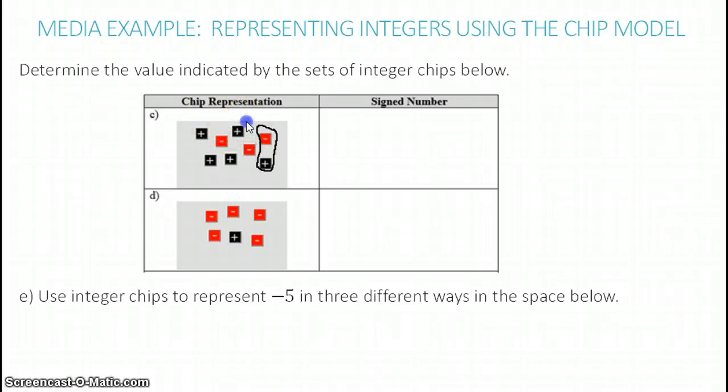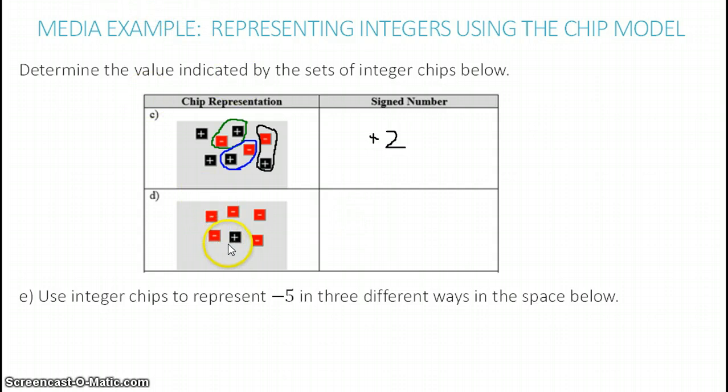Let's use different colors for the different pairs. That equals 0. Looks like we have one more pair of a positive and a negative. So all of these aren't changing the quantity when combined together, and we're left with 2 positive chips. So this represents positive 2.